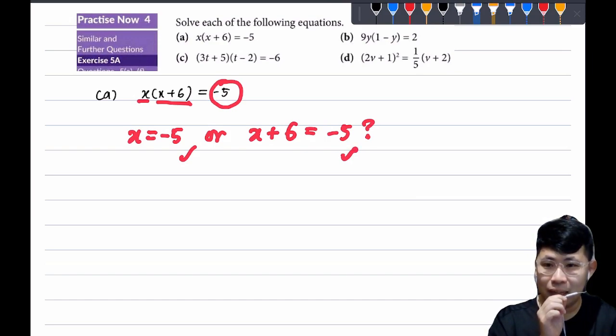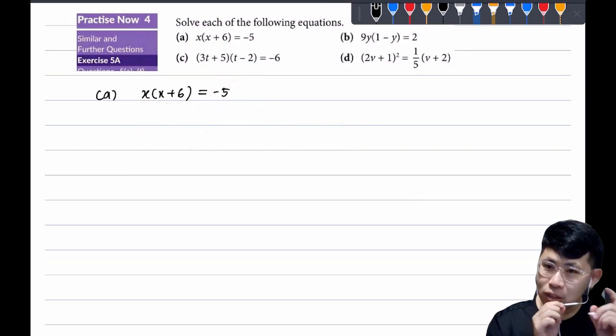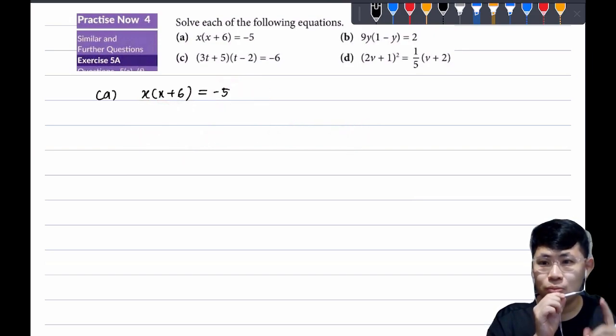Let me repeat. The number on the right has to be 0 for us to use the zero product property. So in order to do this, we will need to make some rearrangements.